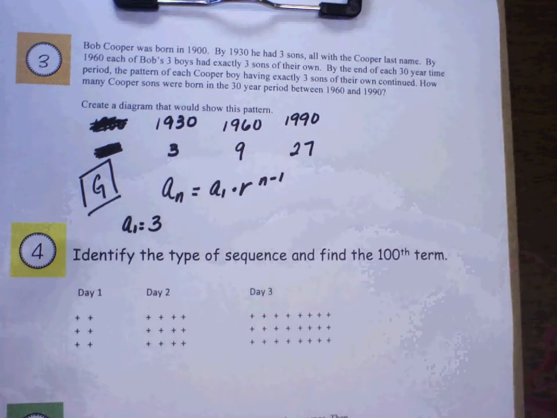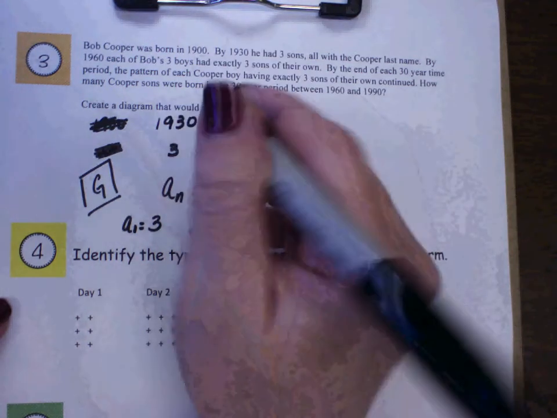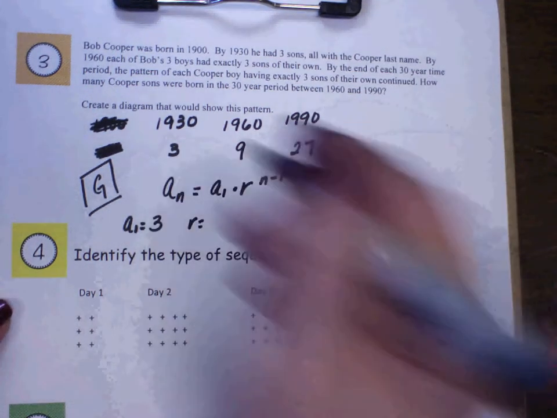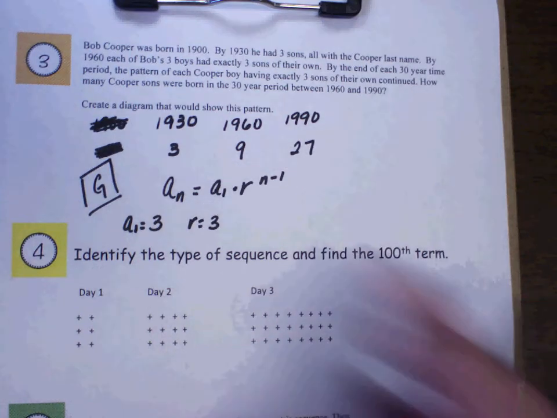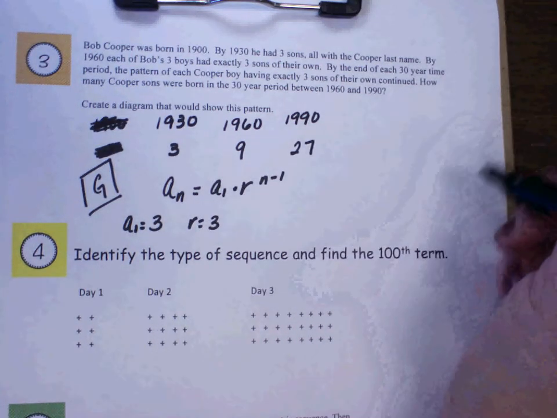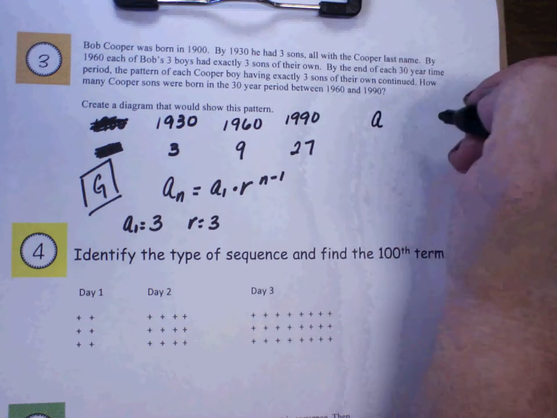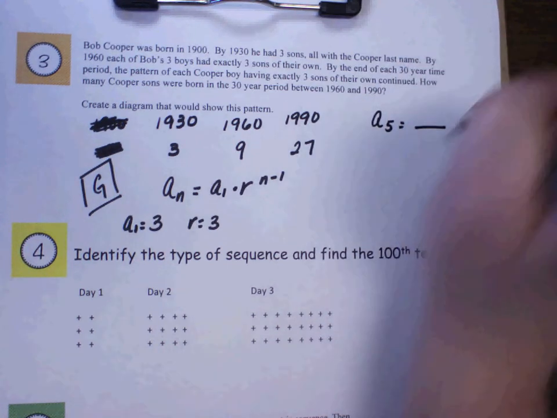And what's my common ratio? 3, because you're multiplying by 3. Very good. So what I want to know is A of 5.